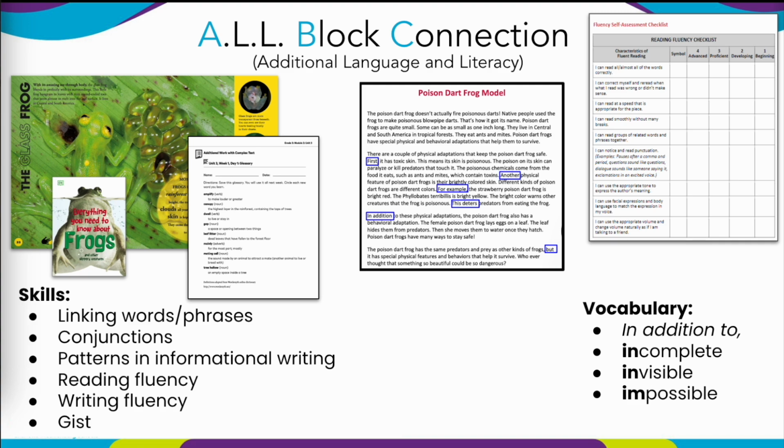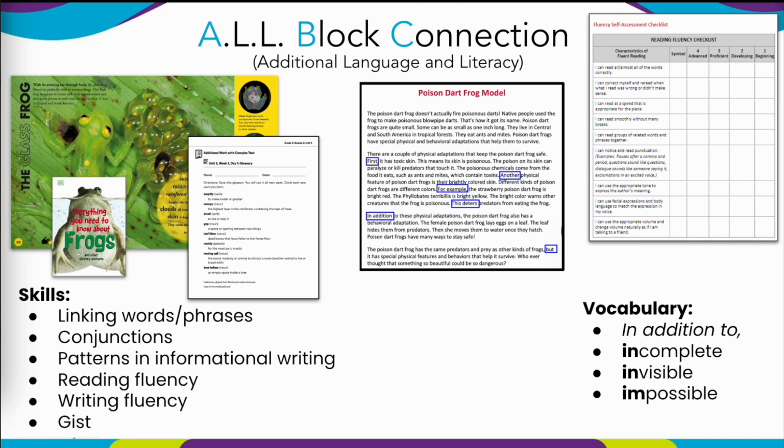Here is your All Block connection. If you didn't catch it earlier during the lesson unpacking, you can clearly see that the module lessons and All Block lessons align closely, with each complementing each other to build key literacy skills. In the modules, students focus on research, essay writing, and project creation, such as using future tense verbs in Lesson 2, drafting introductions in Lesson 4, and crafting proof paragraphs in Lesson 5.